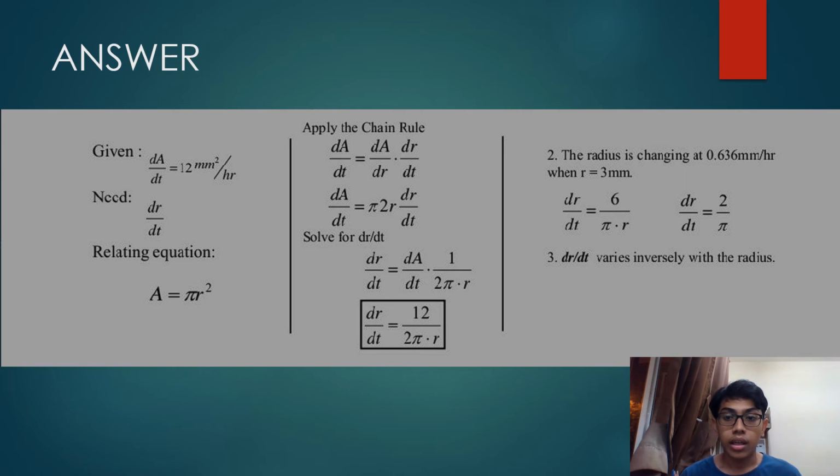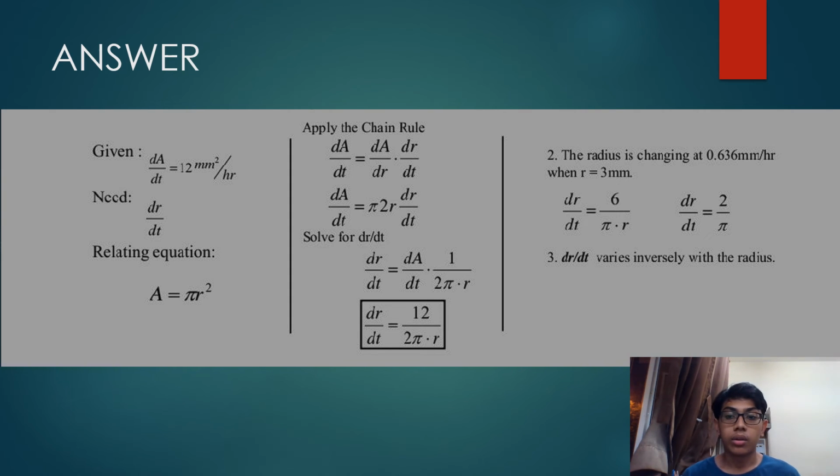It says that r is equal to 3 millimeters. We put r as 3 and get the final answer as 2 over pi. So the radius is changing at 0.636 millimeters per hour when r equals 3 millimeters.